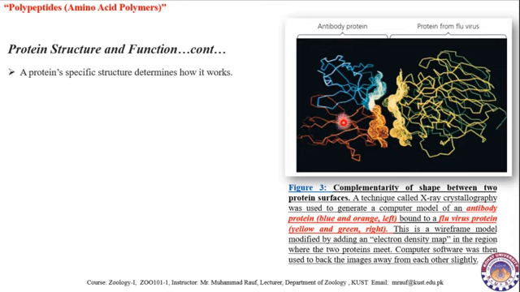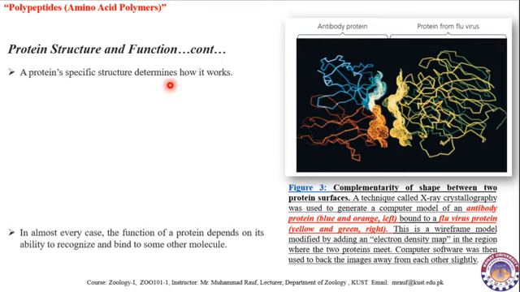If the three-dimensional structure is not properly developed because of a mutation or other errors, then this complementarity, this interaction cannot be established, and therefore this antibody cannot perform the role assigned to it. So the structure is the key to the function a protein performs.